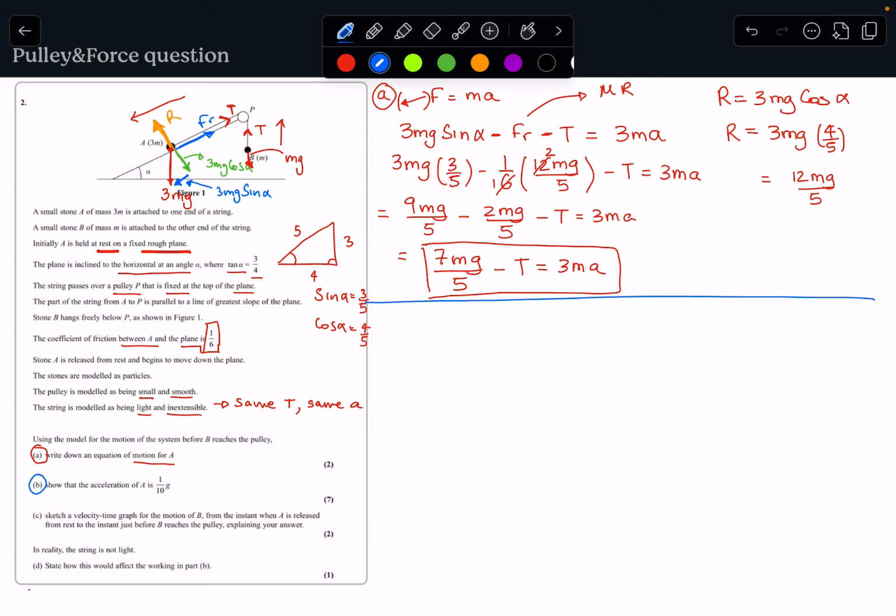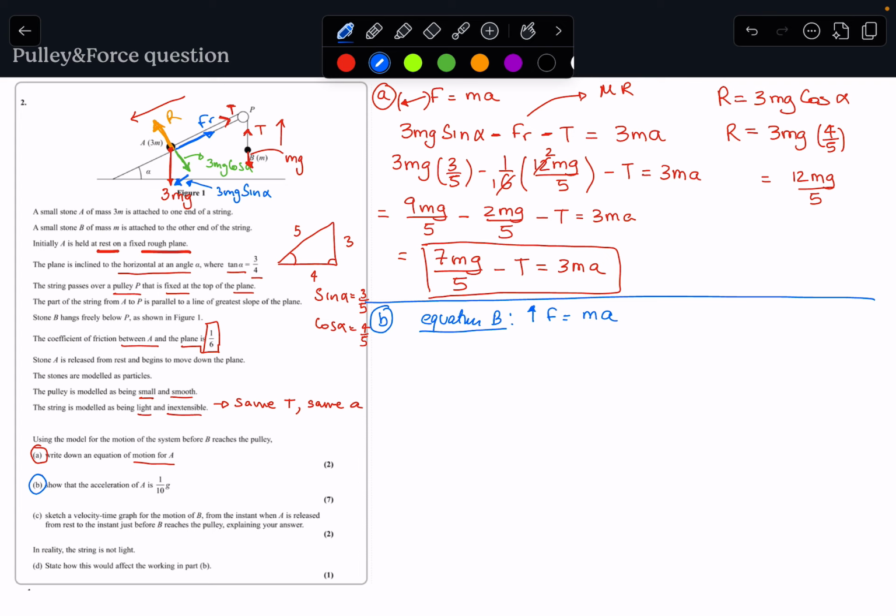So for particle B, let's create an equation for particle B. So this is part B actually. Equation B, again, is calculated by F equal to MA. So in this case, again, I'm resolving upwards as my positive, given that's the direction of motion of my particle B, right?